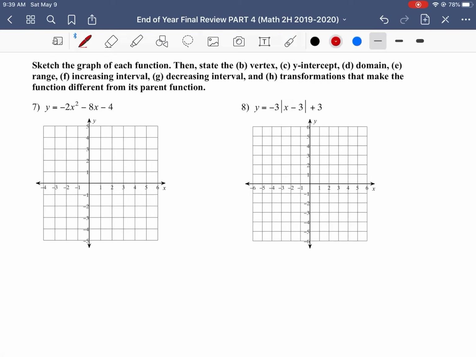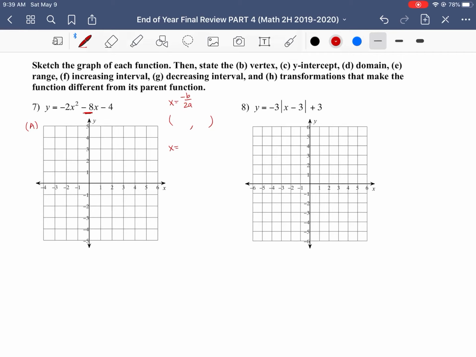So let's start with maybe number 7. And we want to identify, first of all, the vertex so that we can go ahead and graph this function. Remember that to identify the vertex, the x value piece is always going to be negative b over 2a if it's in standard form. Now, when we do that, x is equal to negative b. Well, what is b? B is this value right here, the negative 8.